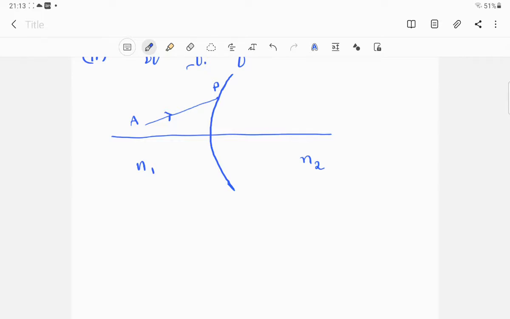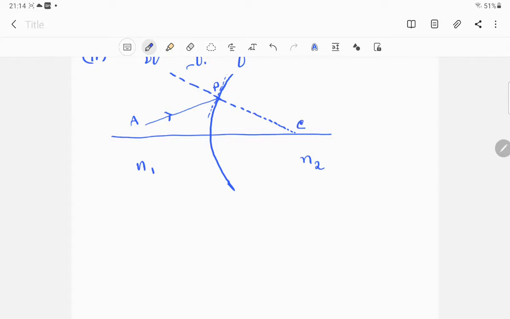Whenever the ray is falling on an interface between two media, it suffers refraction. At the point of incidence, I am drawing a tangent. Here I will draw a normal. The normal drawn at the point of incidence is cutting at the point C, so it is obviously the center of curvature.